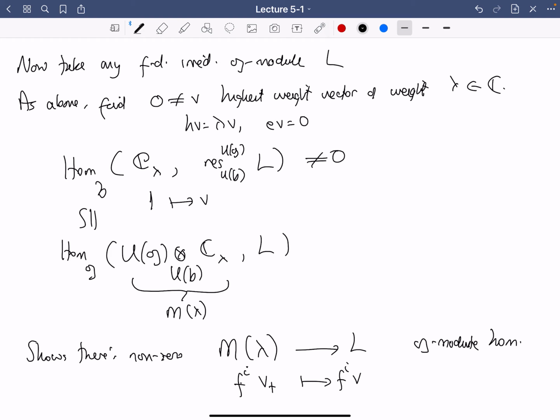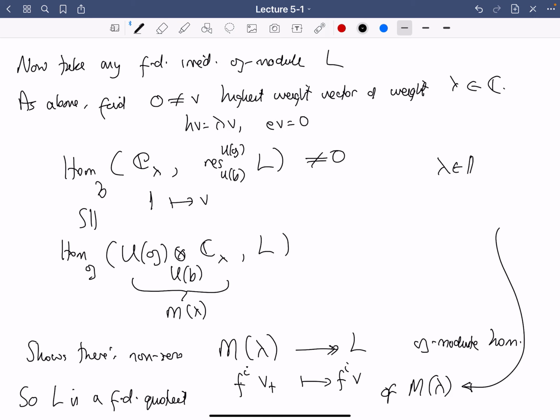Now hang on, L was irreducible, so cyclic, so this is onto. So L is a finite dimensional quotient of M of lambda. But we've worked out that the only finite dimensional quotients of M of lambda only happen if lambda is a natural number.